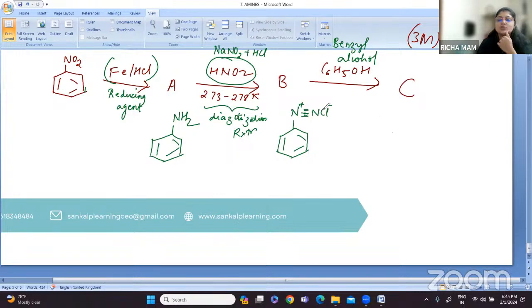Now further treat it with benzyl alcohol. What will be the product C obtained? This will be a little tricky. So this is your benzene, then N double bond N, and what will happen?